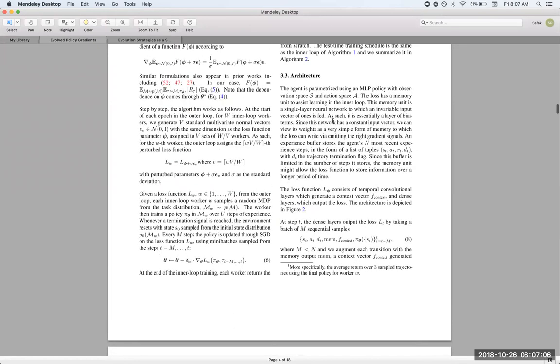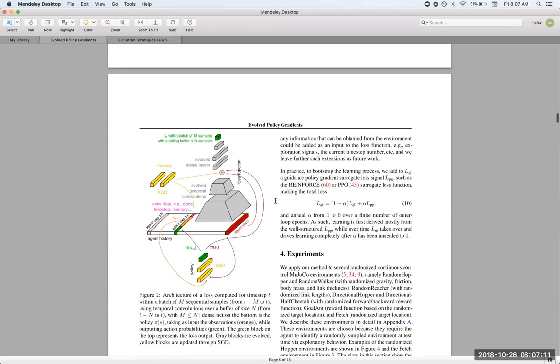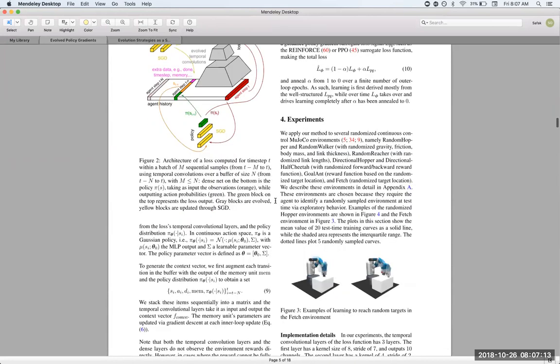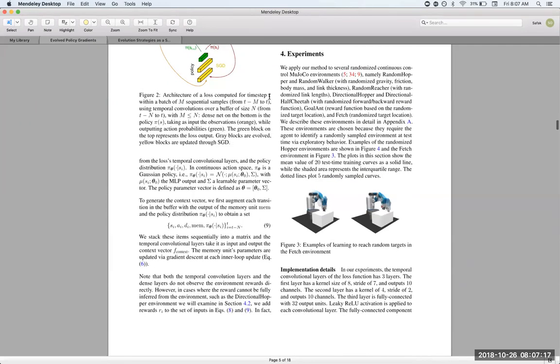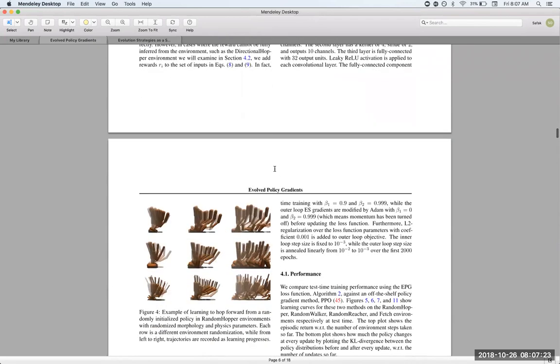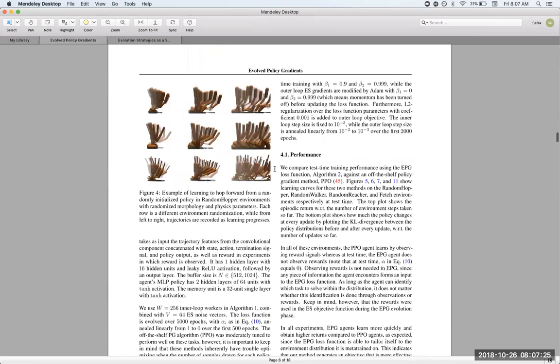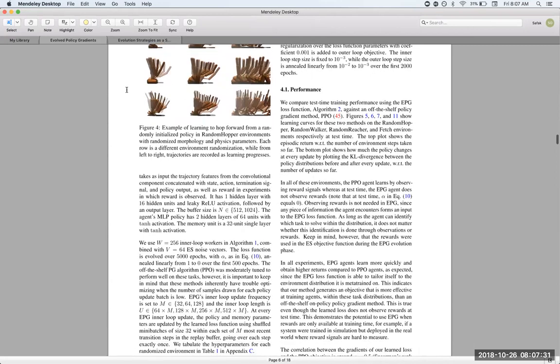And then it explains the architecture of the loss function, the novel concept that's introduced by this paper. And then it presents some experiments on some physical simulations, like ants walking to reach a target, some AI agents.